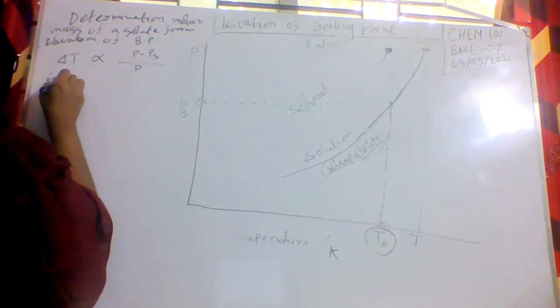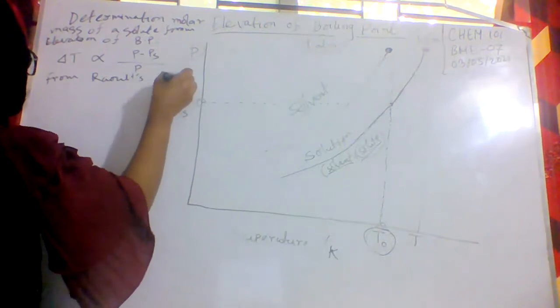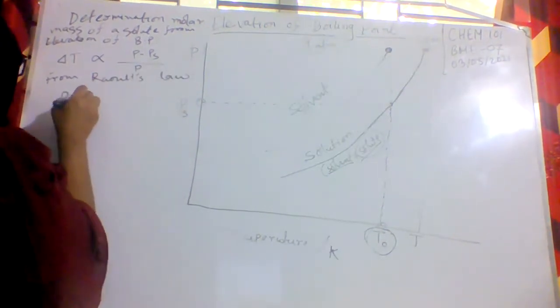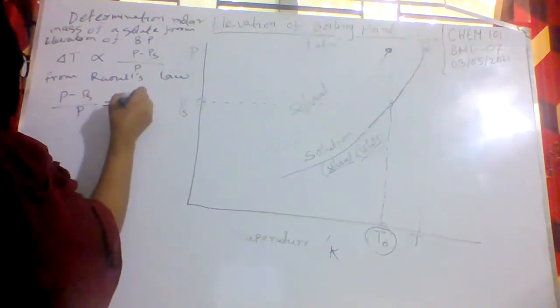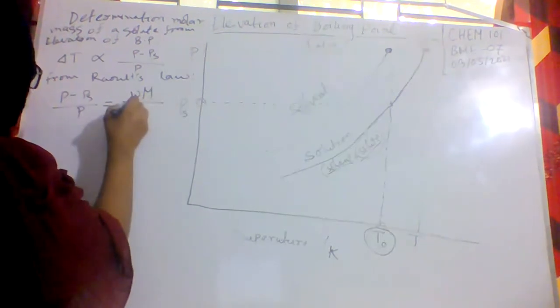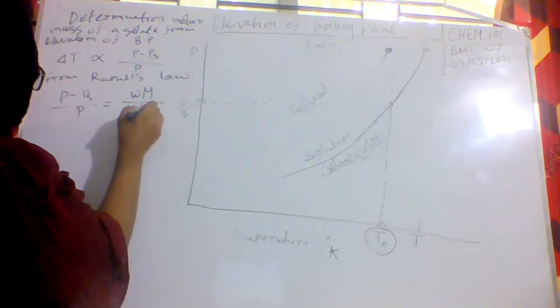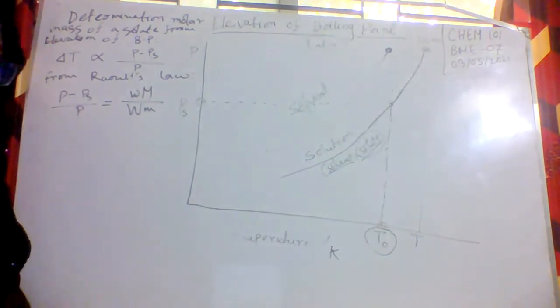So now from Raoult's law, we know (P minus Ps) divided by P is equal to w by M divided by W by m.